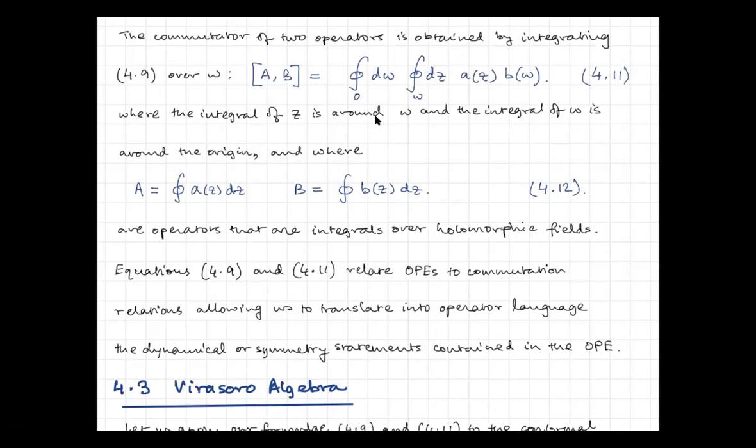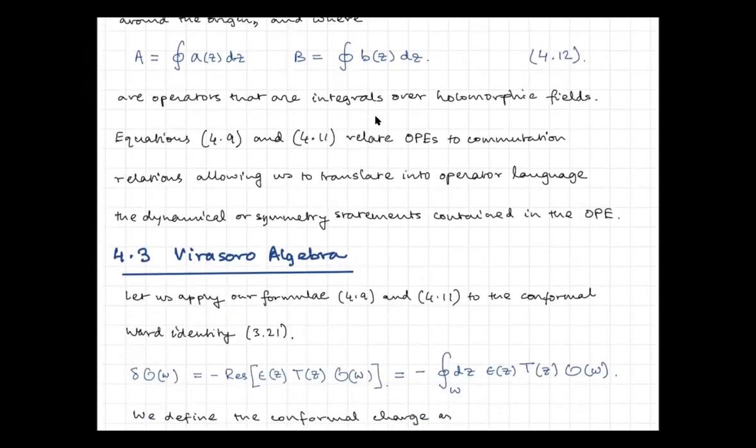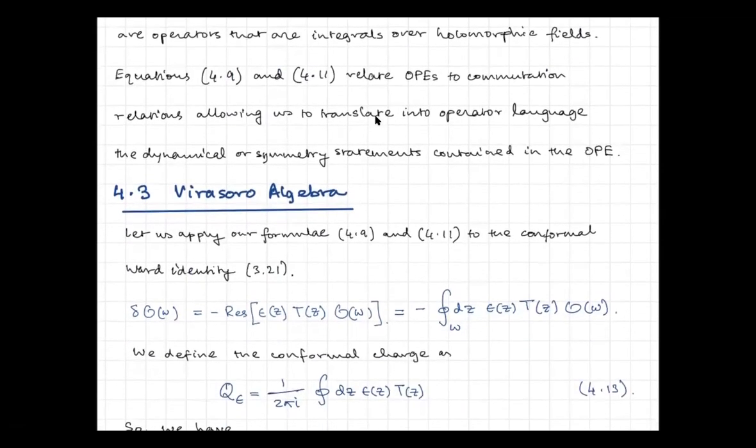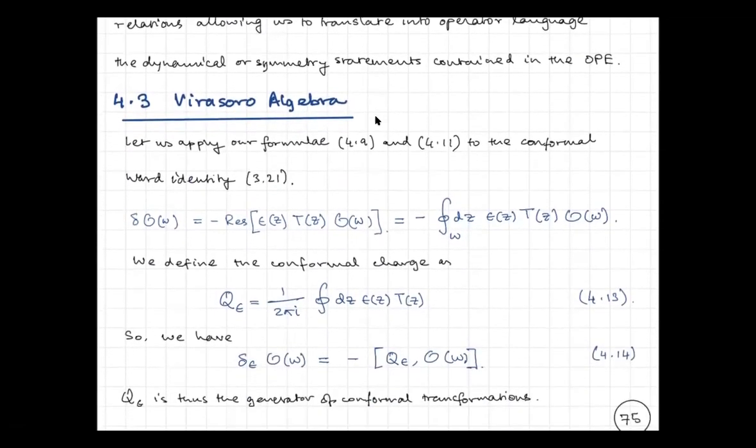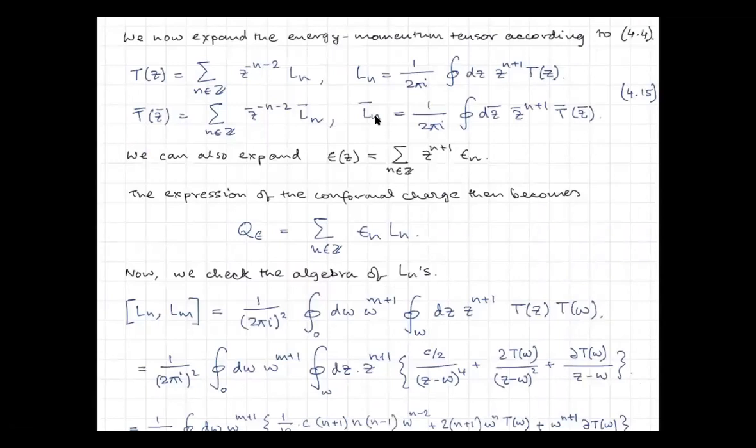from the statements of symmetries that are contained in the OPE and so on, into things which were in operator language. And the prime example of this we saw was when we applied this to the T(z). So what did we do?